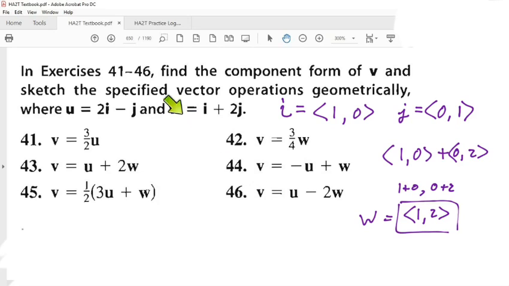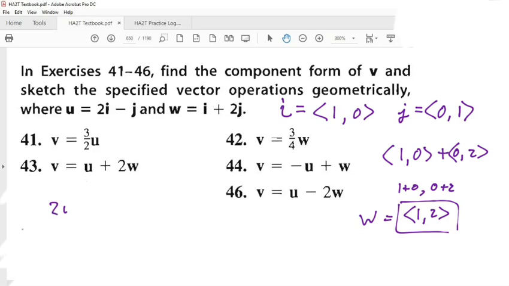It's nice being in algebraic form because you can do cool things with them. You can treat them just like regular algebraic expressions. So when you see number 43, v equals this, and you have to write the component form of it, you have to add the u and the two w's. Let's look at that really quick. What is the u? The u is 2i minus j.